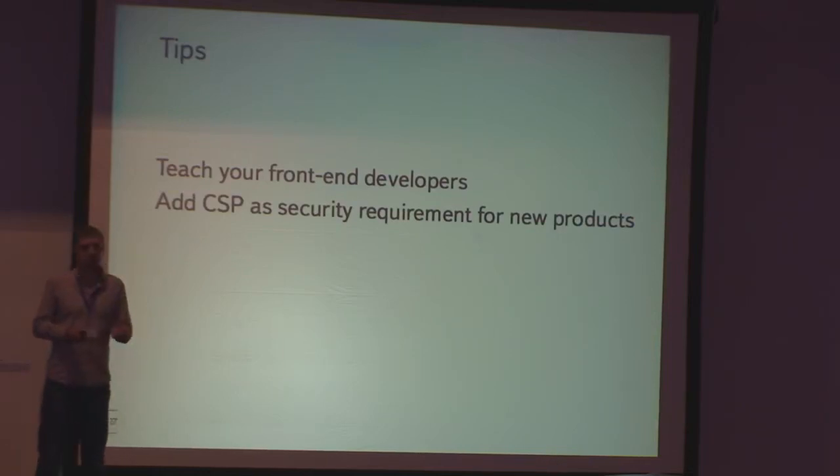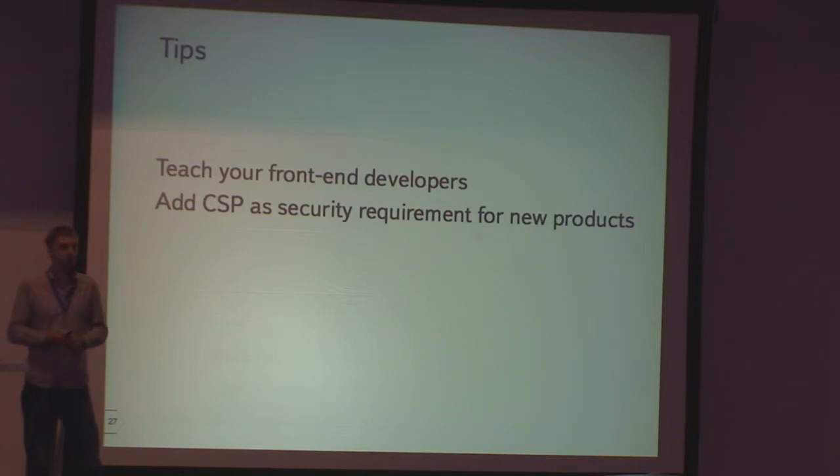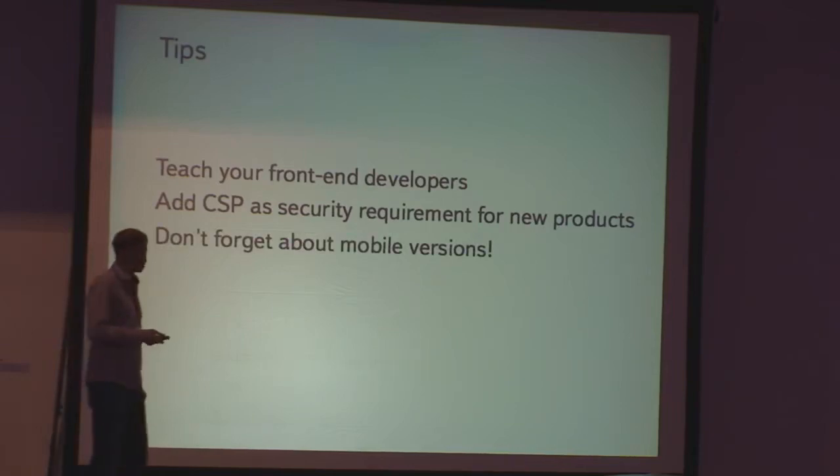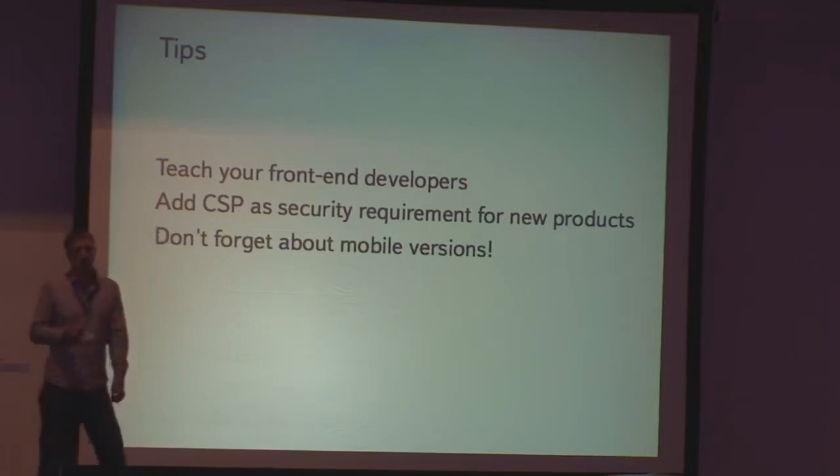The second one is, if you want content security policy to be widely implemented in your applications, you of course need to add it to your checklists for new products. And of course, don't forget about mobile versions.